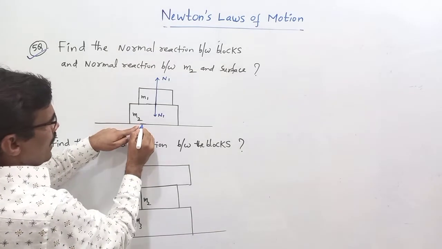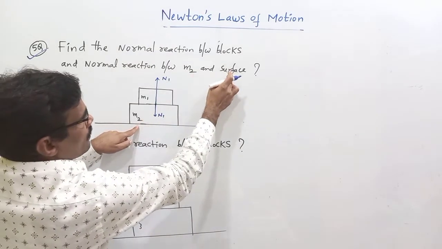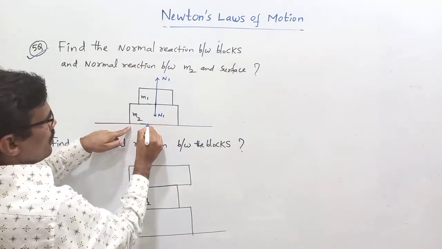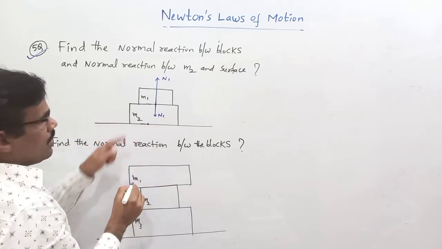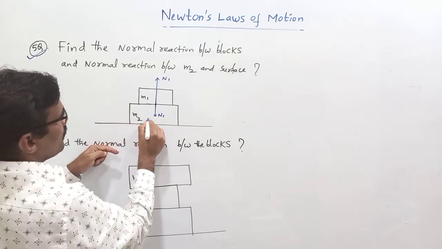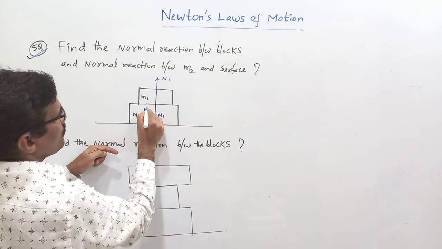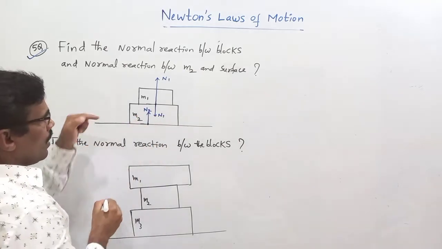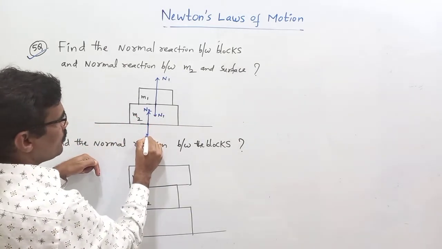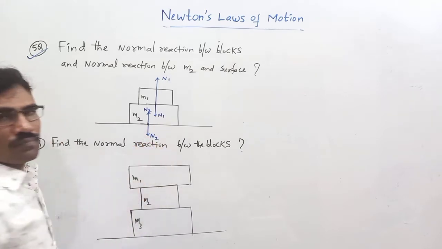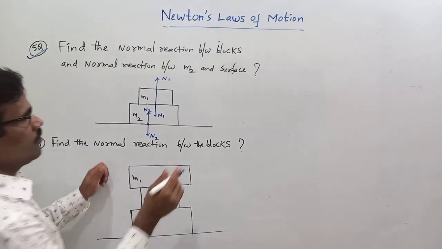Then what is the normal reaction between M2 and the surface? Normal reaction on M2 is this side. On the surface, it is exactly the opposite side. That's simple.